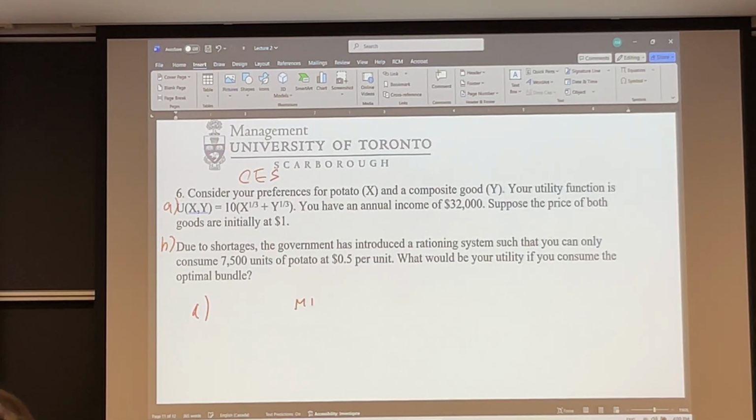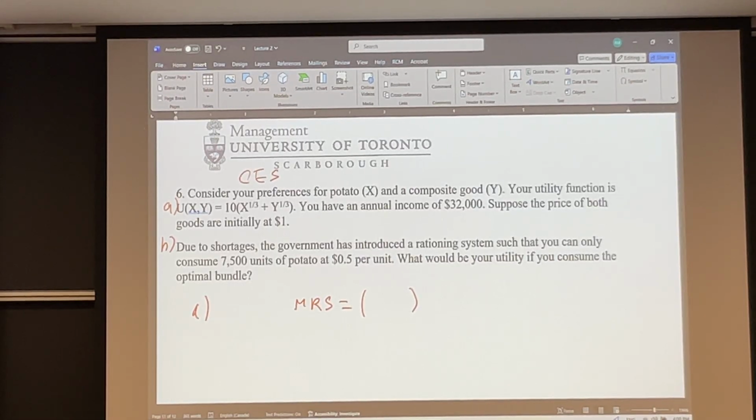What's the MRS for this function? What was the shortcut for MRS for CES? Don't want to do the shortcut? MUx divided by MUy, which you don't want to do. It takes time. Just memorize the shortcut and you have it for these two. For the rest, take derivatives.